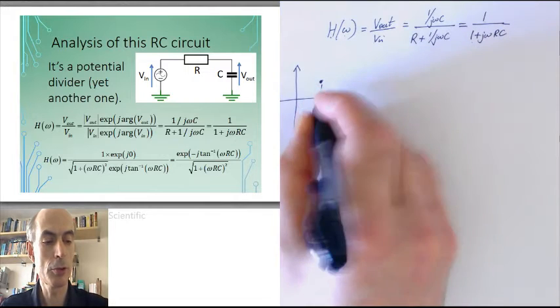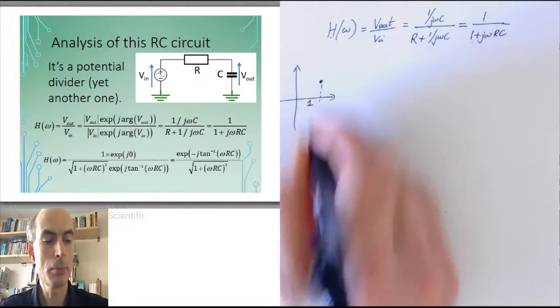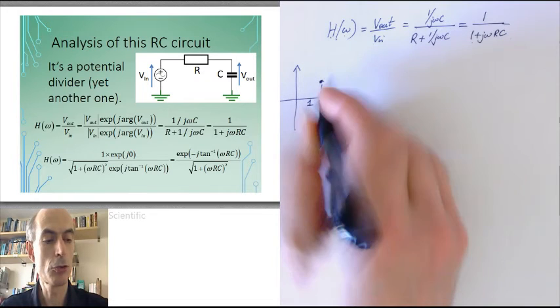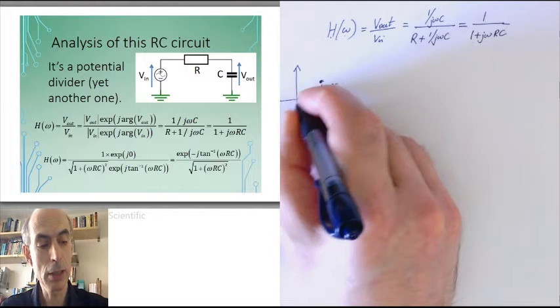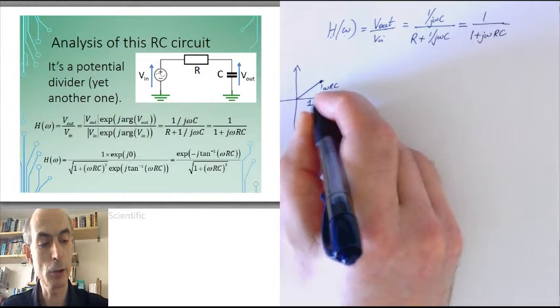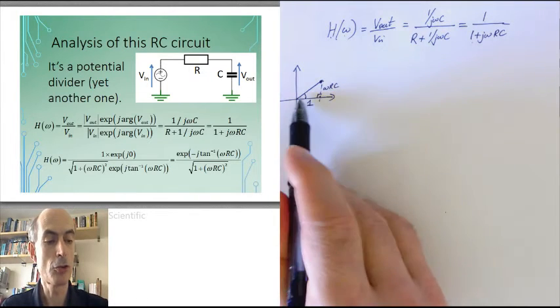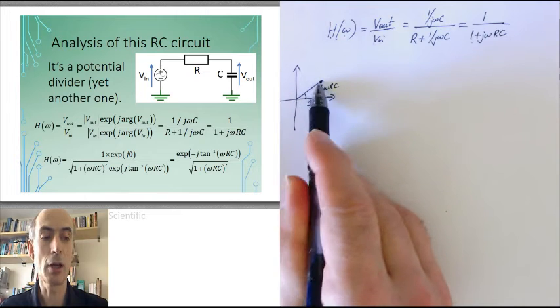The real part is 1. The imaginary part is omega RC. So if I was to complete this right-angled triangle, the magnitude of this is the length of the hypotenuse.